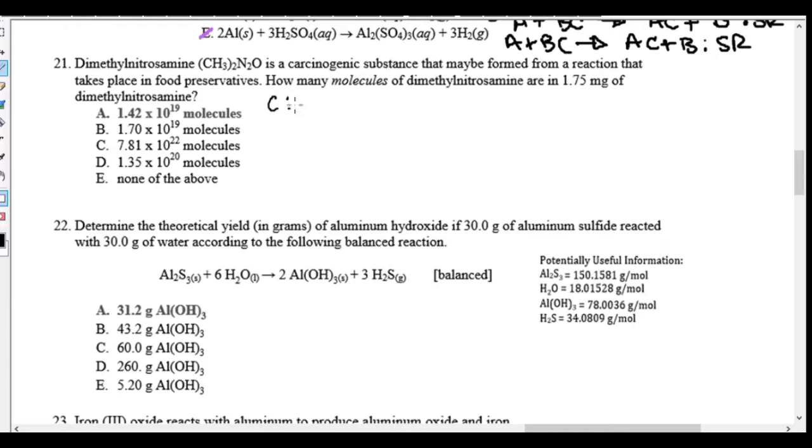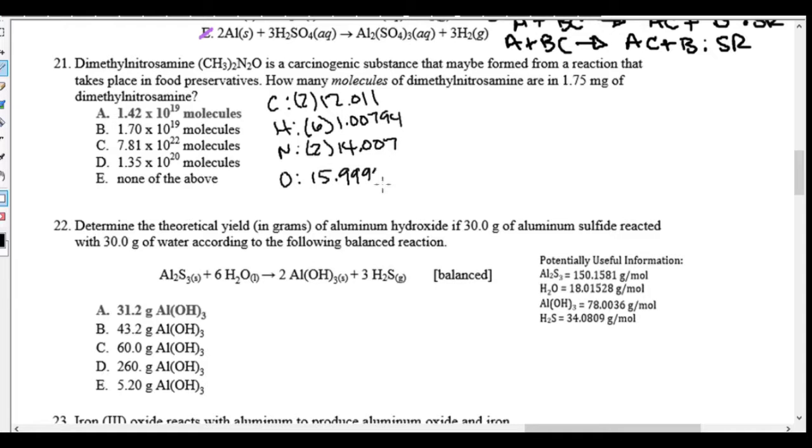So we have 2 times 12.011. For hydrogen, we have 6 times the molar mass of hydrogen, 1.00794. We have for nitrogen 2 times 14.007, and for oxygen 15.9994.